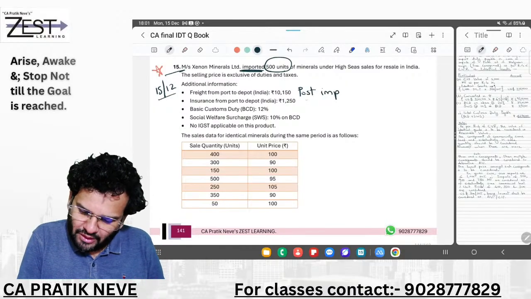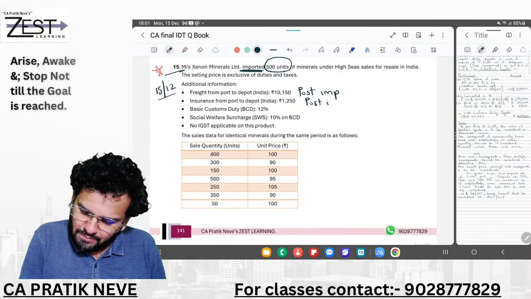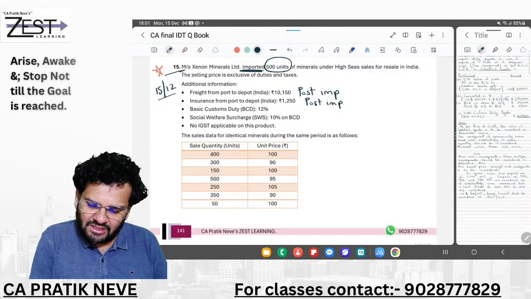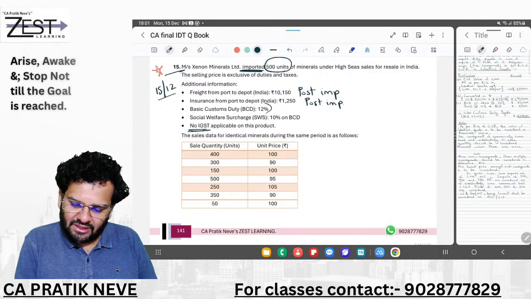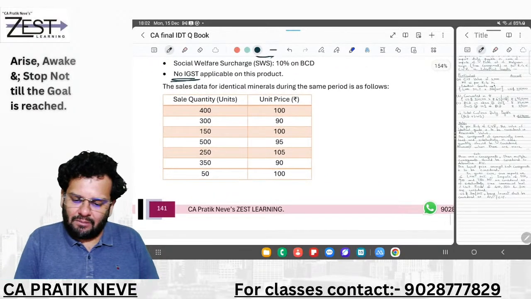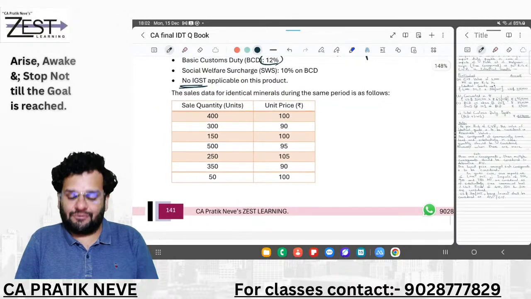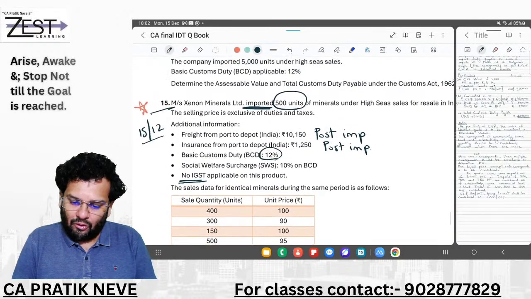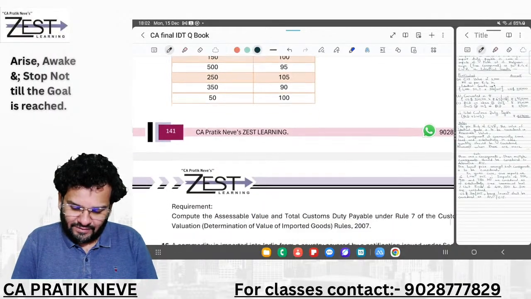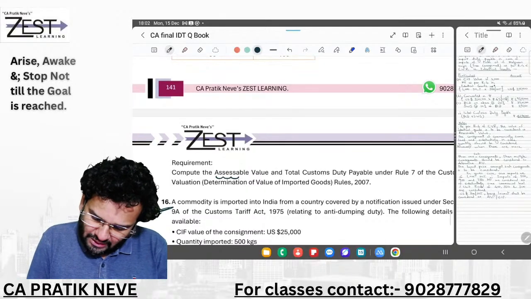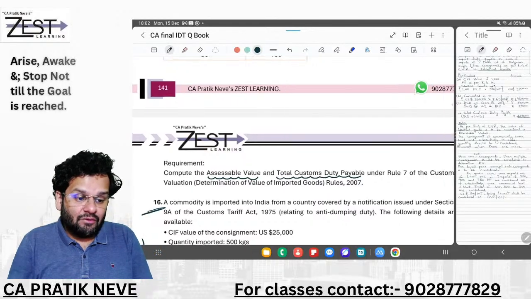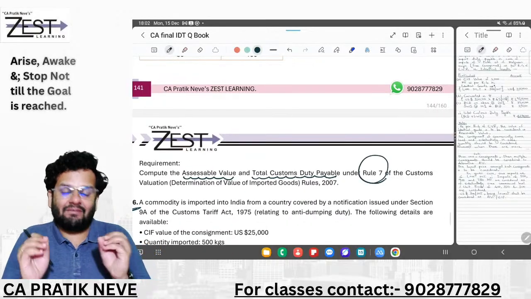Insurance from port to depot, again post importation. BCD, SWS and no IGST applicable on this product. BCD is 12%, SWS you know. The sales data for identical minerals during the same period is as follows.